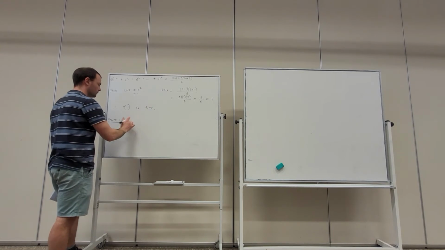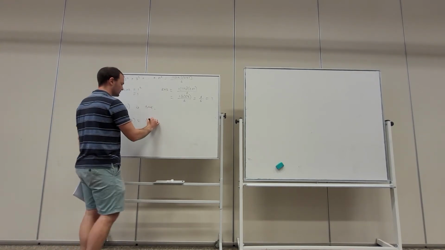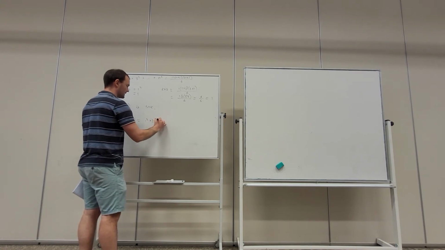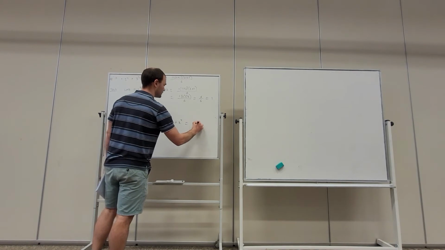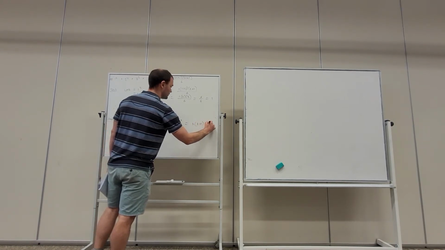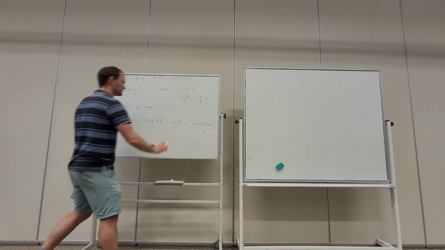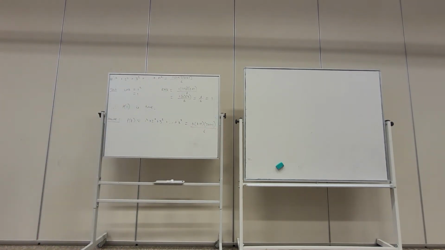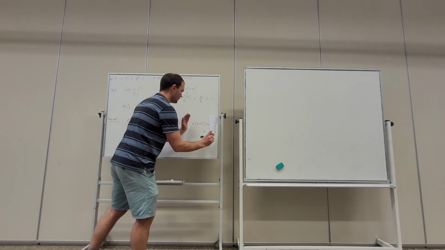All right, assume P of k equals 1 squared plus 2 squared plus 3 squared, plus all the way up to k squared. Okay, so if P of k is true, then this is going to equal this.